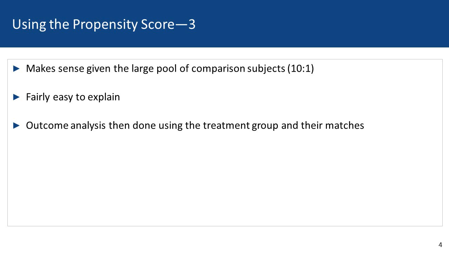It's pretty straightforward to say we have these 6,000 people and then we found 18,000 people who look like them on these covariates. You don't have to explain weighting or subclassification. And another benefit is that the outcome analysis is then quite straightforward in that you basically take the treatment group and their matches and compare outcomes across those. And we'll see an example of that as we move along.